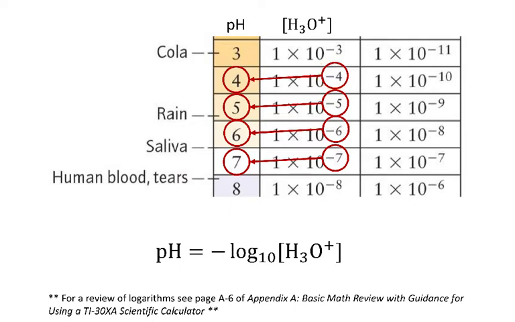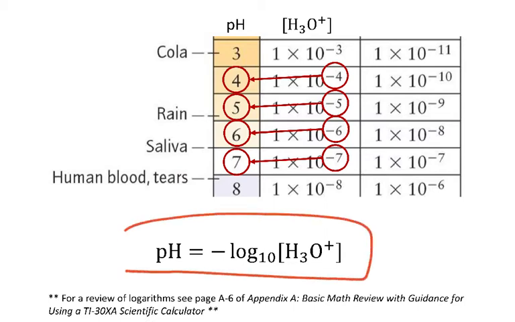So the way this works out mathematically is that pH is equal to the negative log base 10 of the H3O+ concentration. Right, so that basically means log of the concentration, like on your calculator, you could take the log of something, right, is what do you have to raise 10 to the power of to get this number?